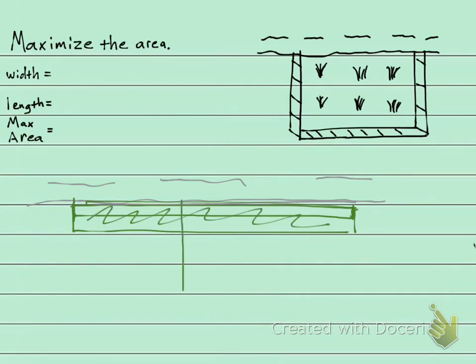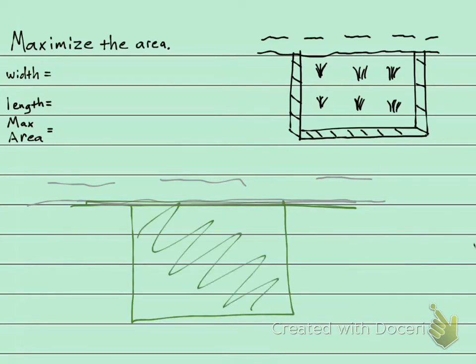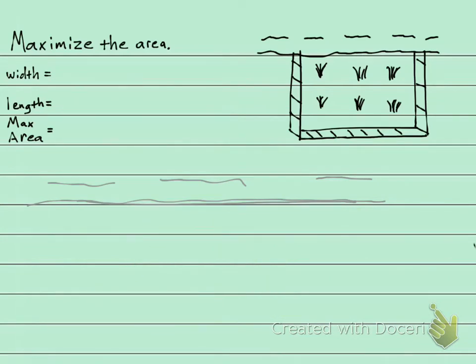Likewise, you could also maybe do 1 foot this way, and 949 of the feet would be going this way. So you're going to maximize this area by having your field more of a rectangle or a square shape.